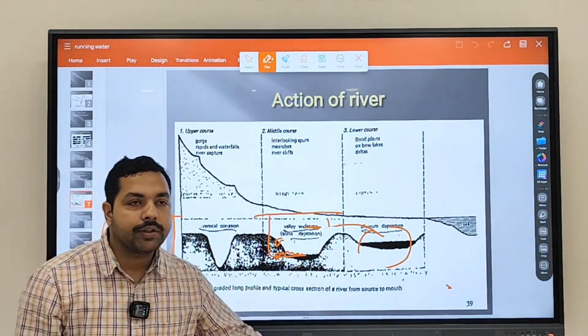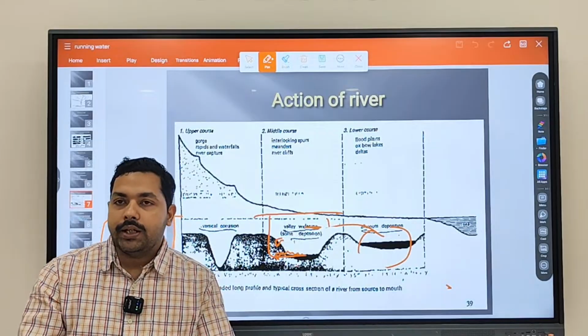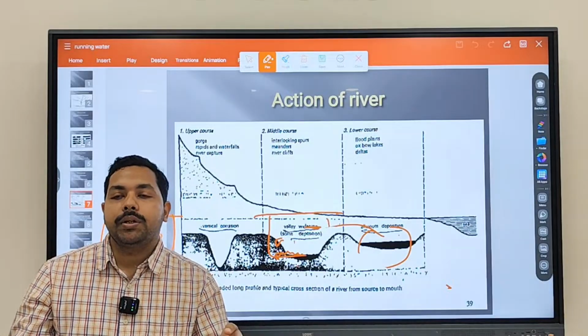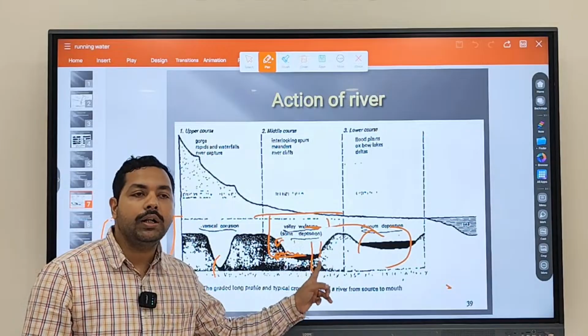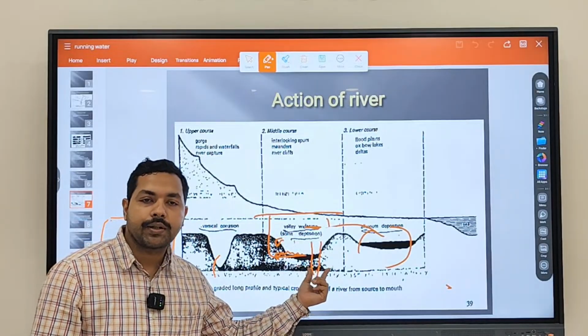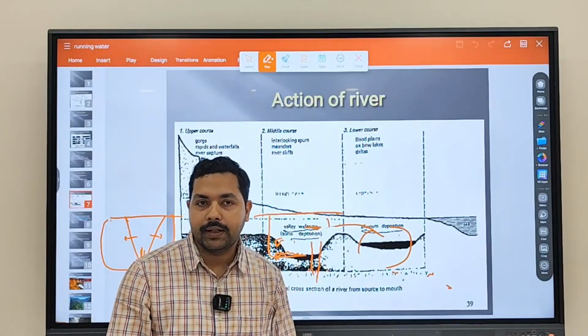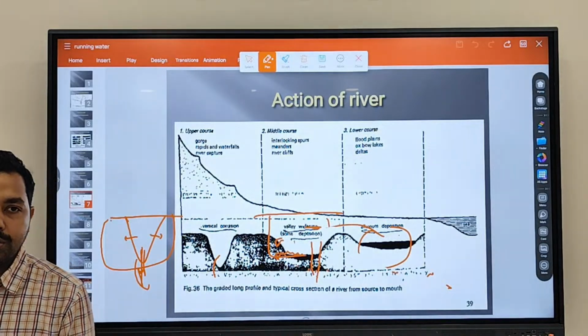In the middle course of a river, generally horizontal or lateral erosion will dominate, and some deposition. So here vertical erosion, here lateral erosion with some deposition, and here more deposition will happen. Clear? So this is what we call the upper course, middle course as well as lower course. Fine.